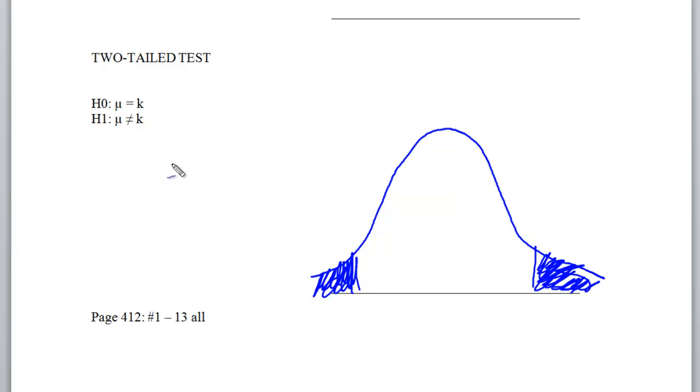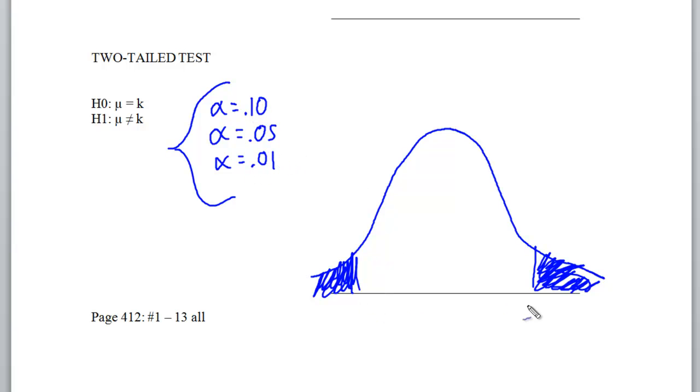You maybe made a mistake because when you looked for your 90% confidence interval, you looked at 0.90 and 0.10, but that's not right, because when you look at these for an alpha of 10%, 5%, and 1%, this isn't 0.90.